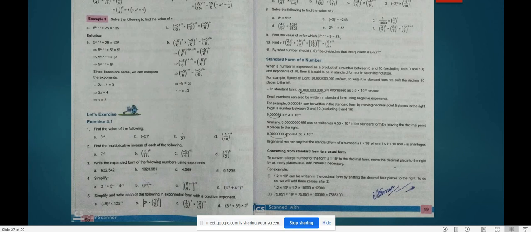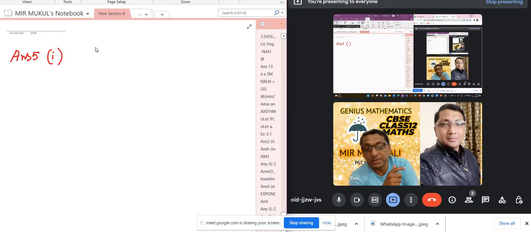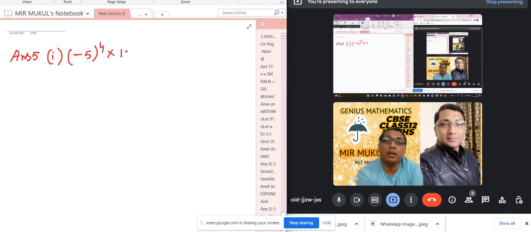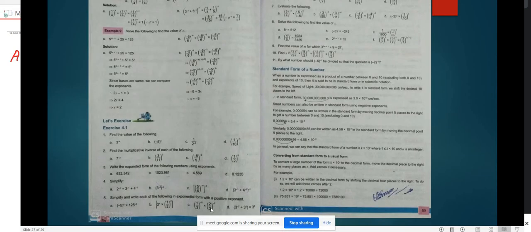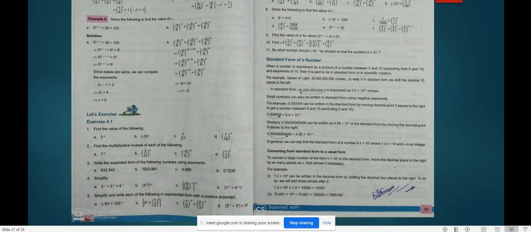Minus 5 to the power 4 and 125 to the power minus 3. Yeah, minus 3.